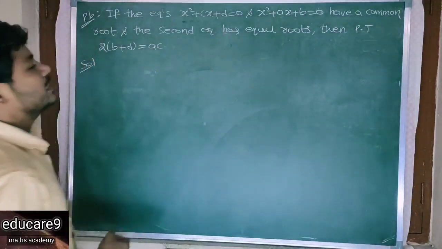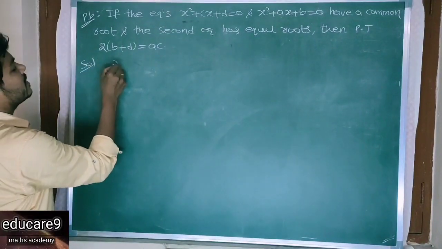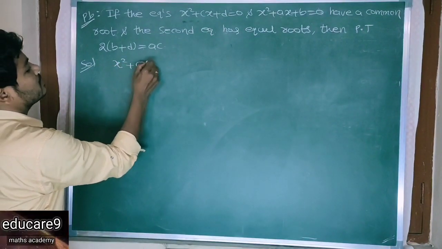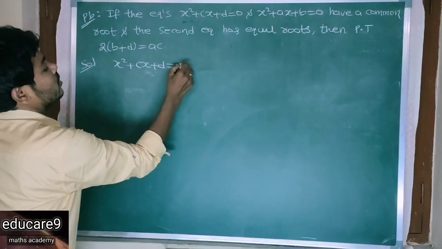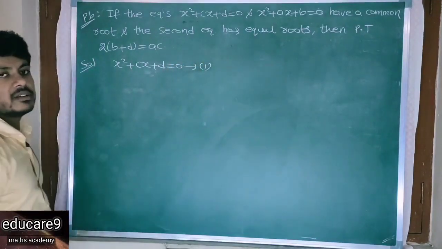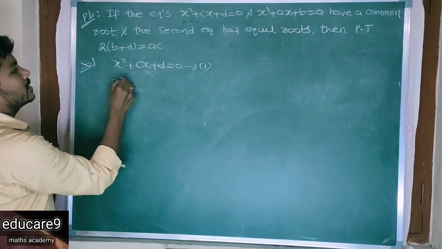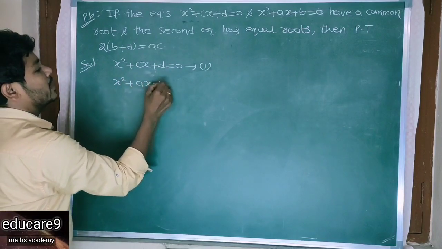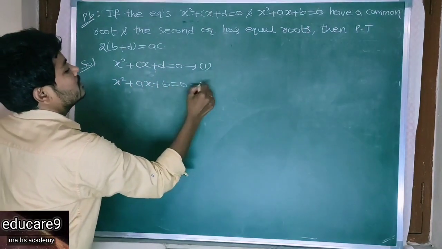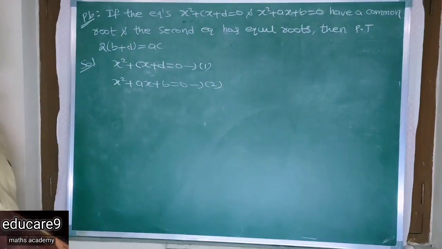See here, given quadratic equations x square plus cx plus d is equal to 0, this is equation 1, and x square plus ax plus b is equal to 0, this is equation 2.